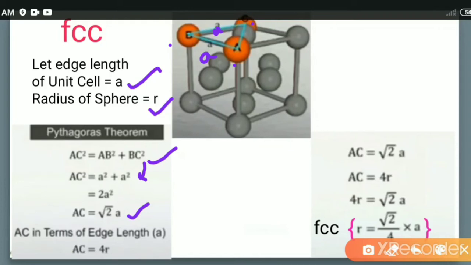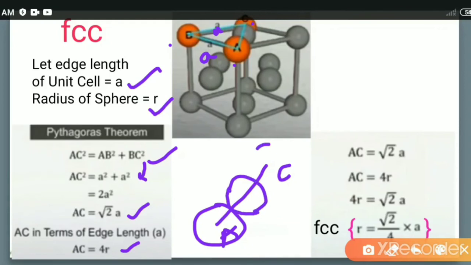But AC is equal to 4R. How is it 4R? I am making AC once again here. Look at the figure. There are 3 spheres on this line and they are touching each other. So this is the radius of this, this is the whole diameter, that is 2R, and this is R. So the total AC length is equal to 4R.